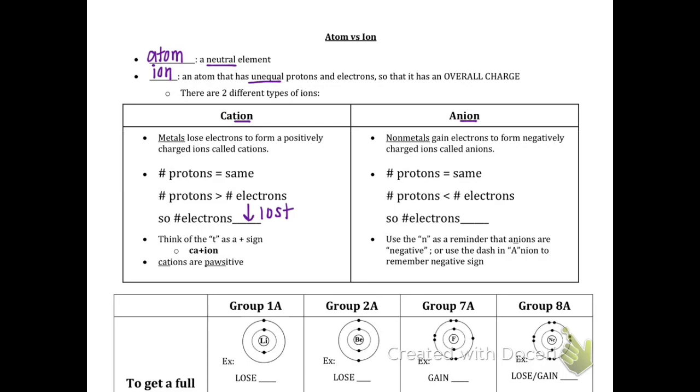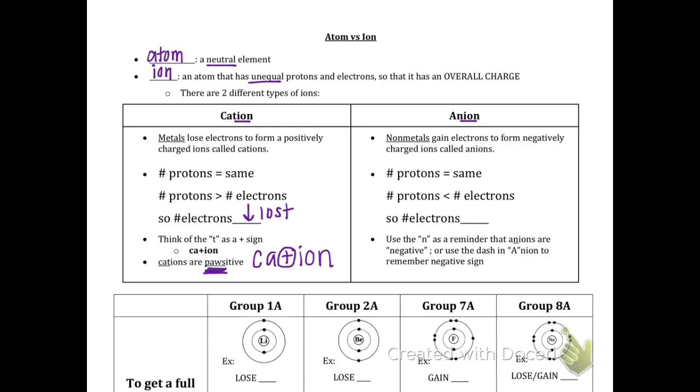So in order to remember that cations are positive, think of the T as a plus sign. So that T becomes that plus sign. So if we wrote it out to the side again, instead of a T, you always can think cation. So cations are positive. Check out that word.